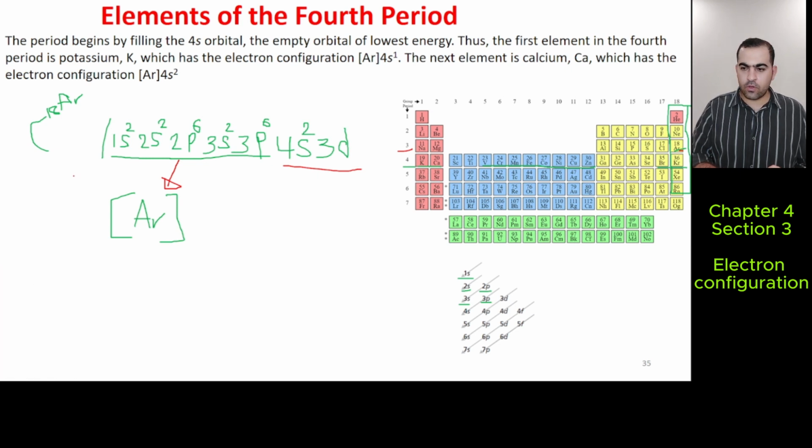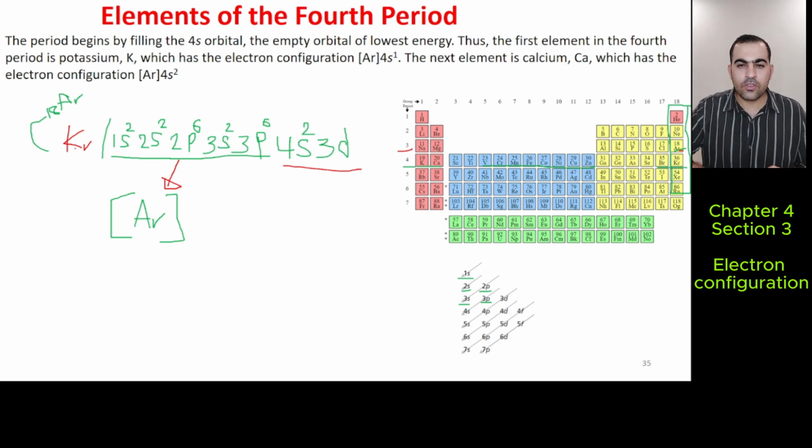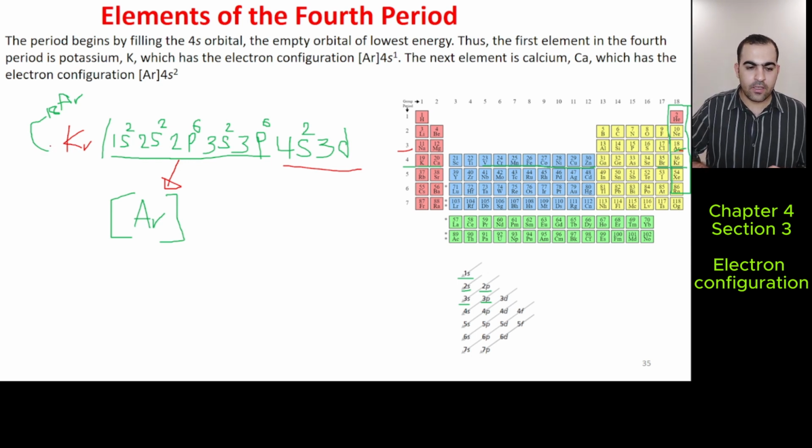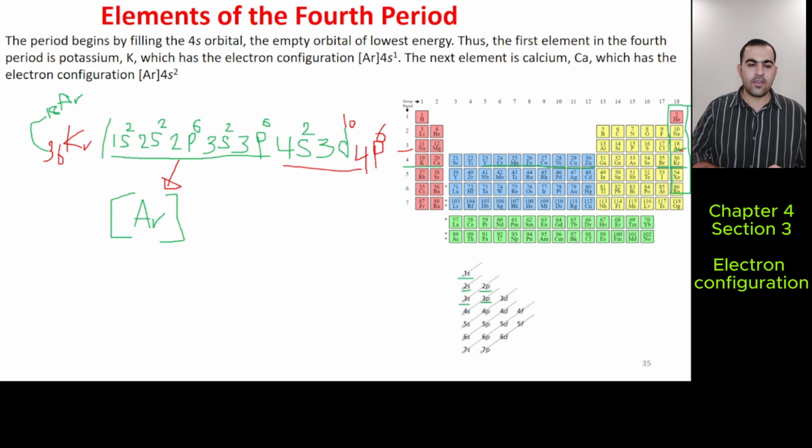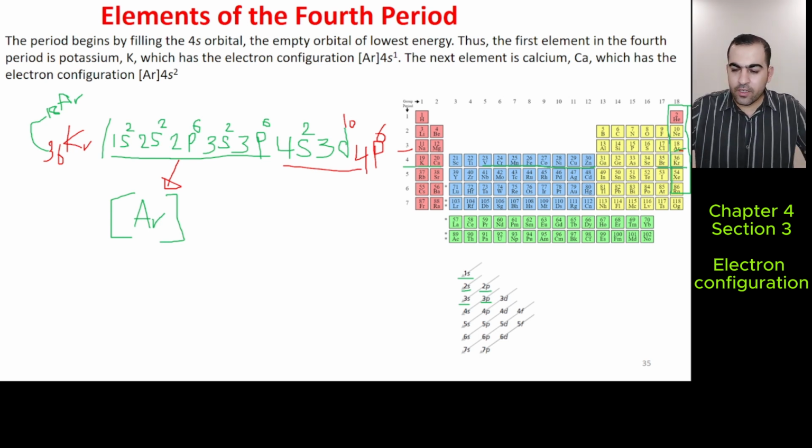If I write for krypton, Kr, can I write noble gas notation for a noble gas? Yes, its atomic number is 36. So for 4s2 3d10, it became 30. After 3d, what comes? 4p. 4p6. This is krypton. Krypton is a noble gas, but I'm not going to choose krypton itself.